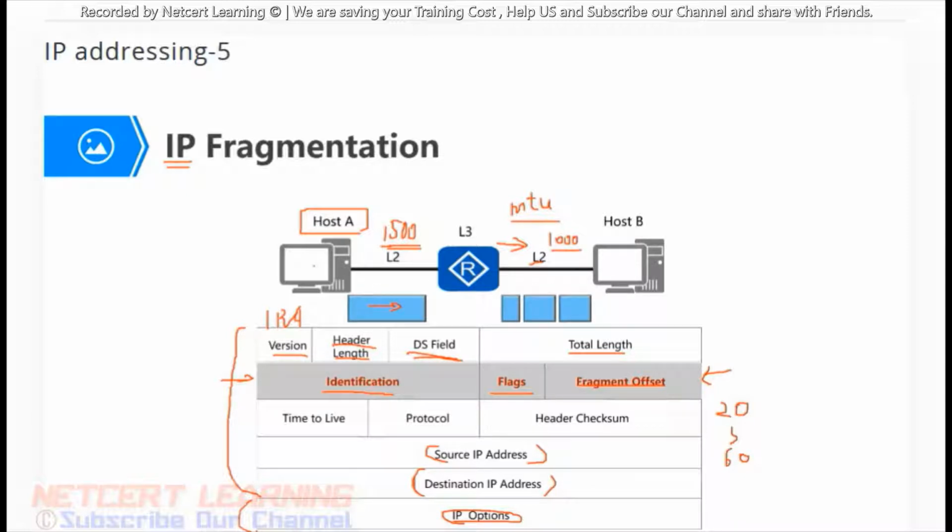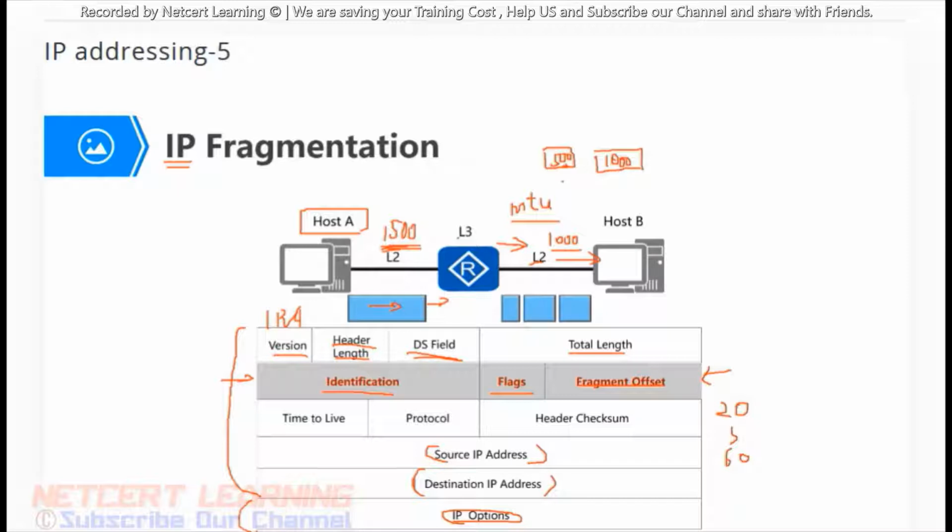So if the host A is sending out a 1,500 frame out, then the router should fragment this packet into different packets, into more than one packet. One contains 1,000 and another contains 500. And then this packet can go to the destination.